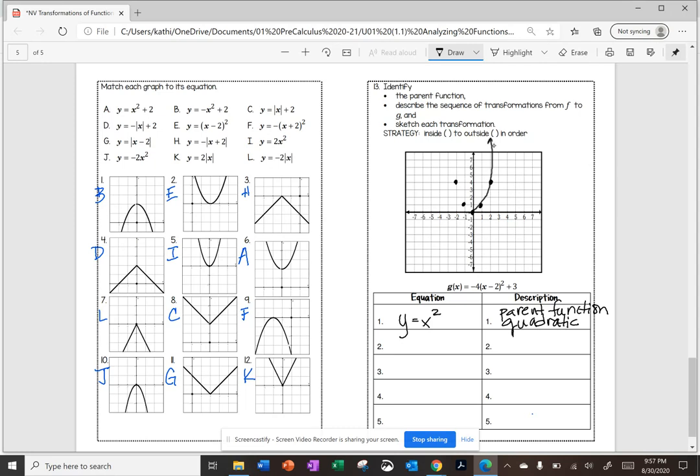I need to know the basic points for each parent function, and we worked on parent functions last week.